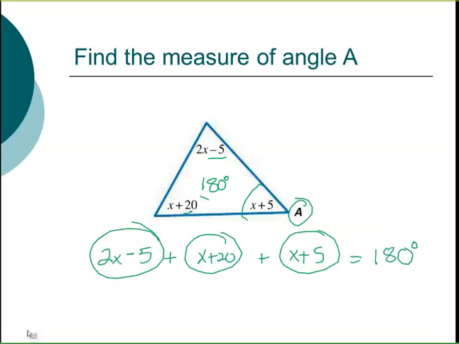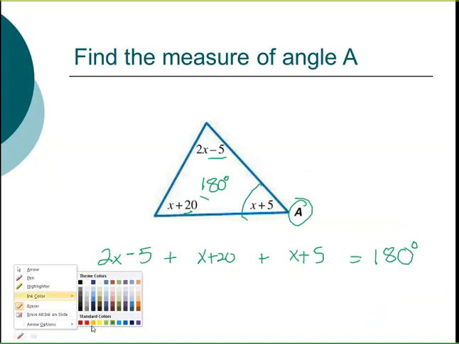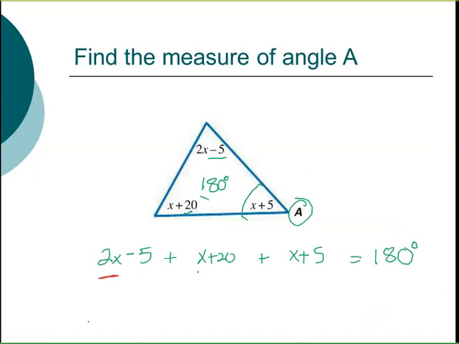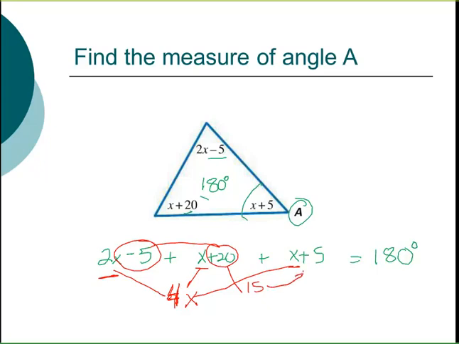So my job is to do like terms. If I just combine my like terms, I'll see that I have 2 x's, another x, and a fourth x for a total of 4 x's. And then I combine my negative 5 with 20, and that should give me 15. And then I add 5 to it, and I get 20 again, so it's 4x plus 20 equals 180 degrees.